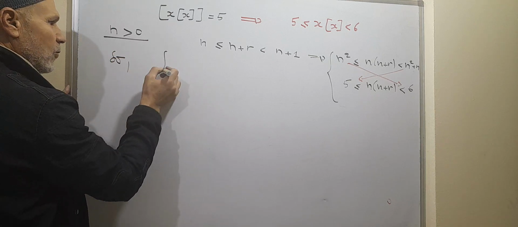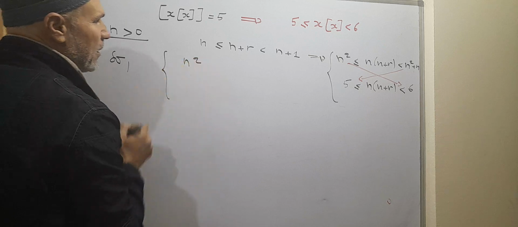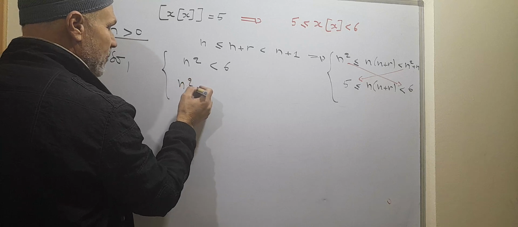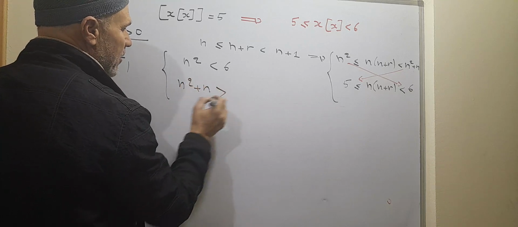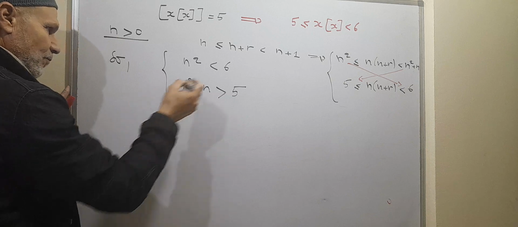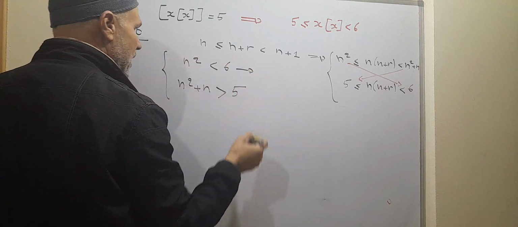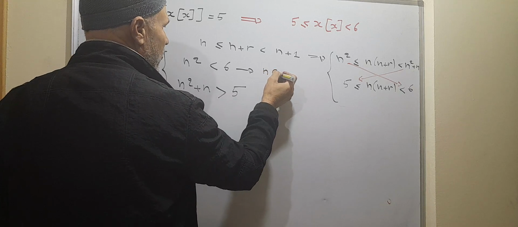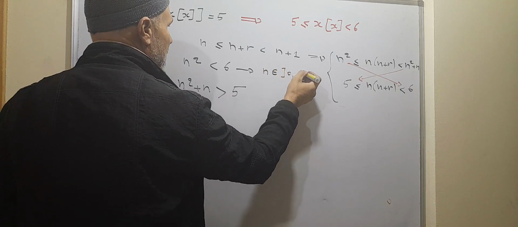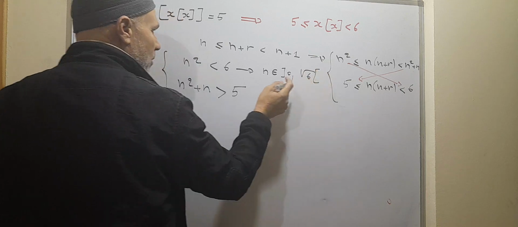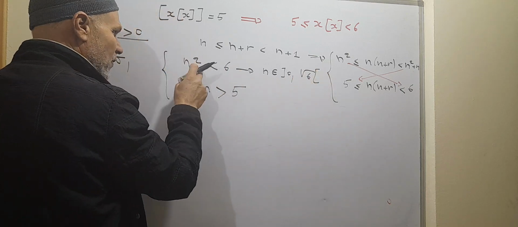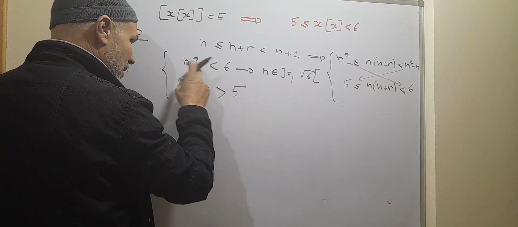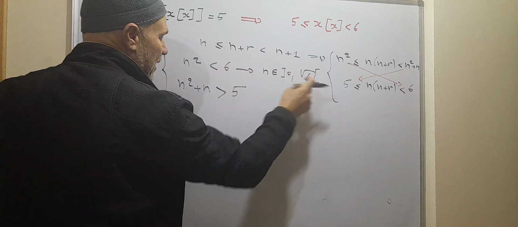So we have n squared strictly less than 6 and n squared plus n strictly greater than 5. This inequality gives us that n belongs to (0, square root of 6). Why? Because the solution of n squared less than 6 is between minus the square root of 6 and plus the square root of 6. Since n is positive, we will get this.